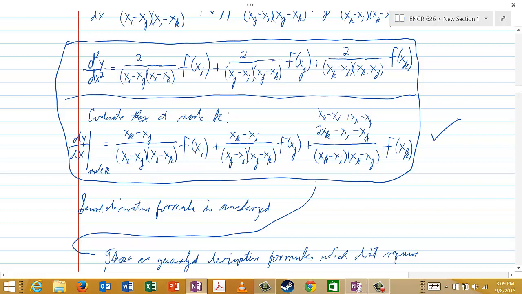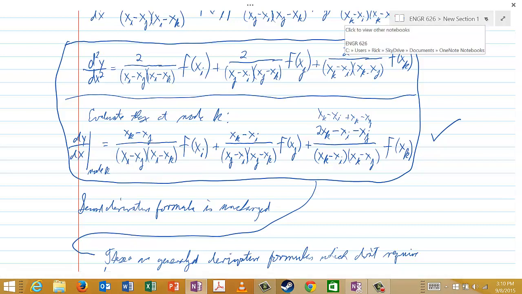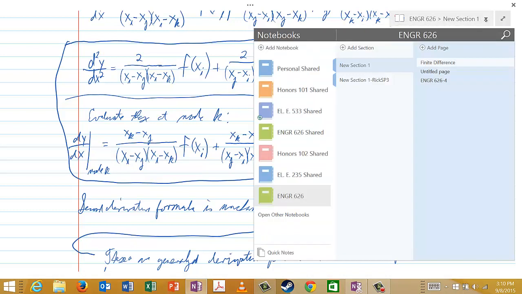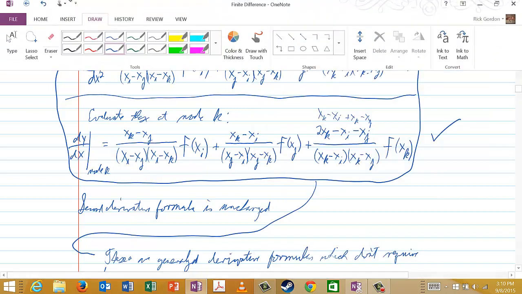This second formula was a general formula for the first derivative at node k, and so we will use this formula to find another way of implementing the Neumann boundary condition at the right edge of our boundary. So let's see if I can copy and paste this.